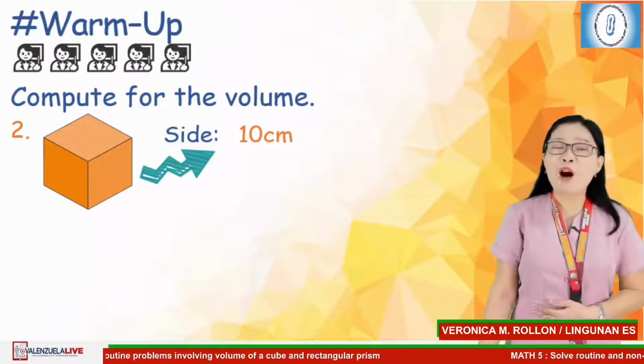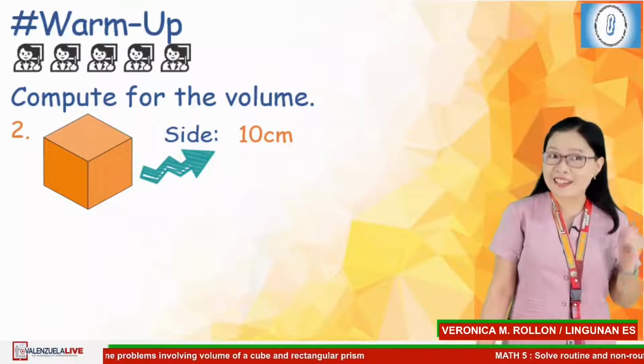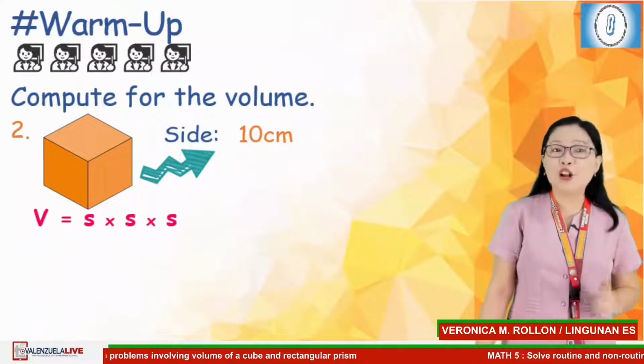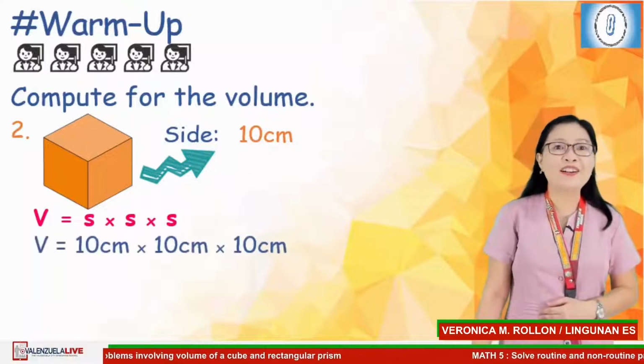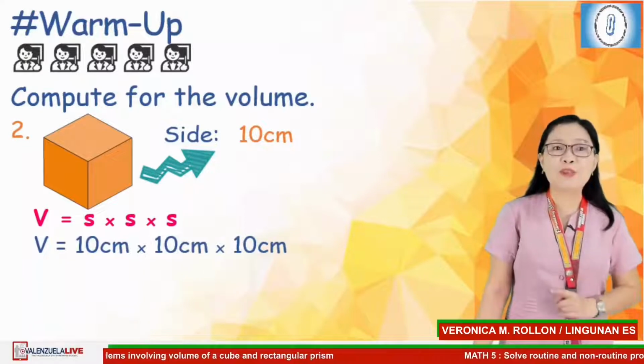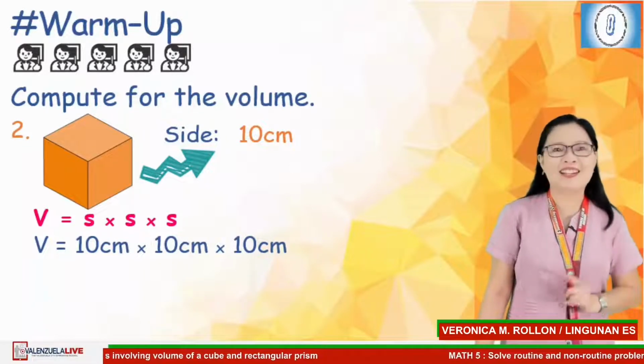Time is up. What is the formula in finding the volume of a cube? Yes, you're right. Volume equals side times side times side. Or it could be you're going to multiply 10 centimeters times 10 centimeters times 10 centimeters.